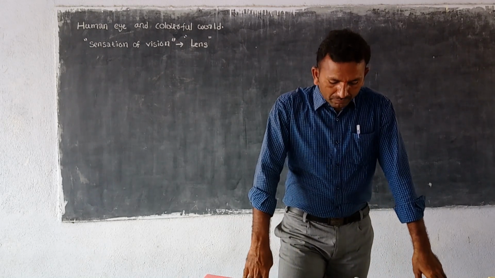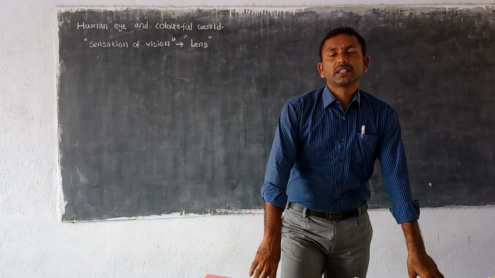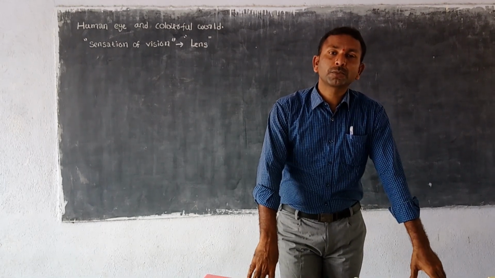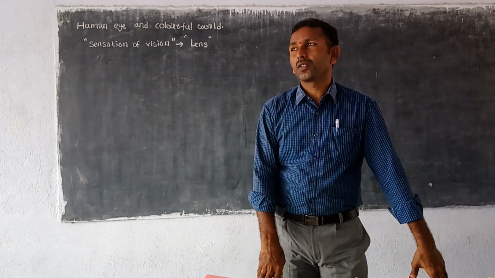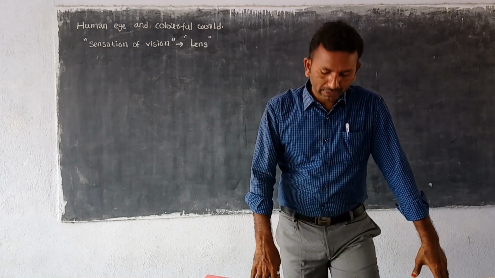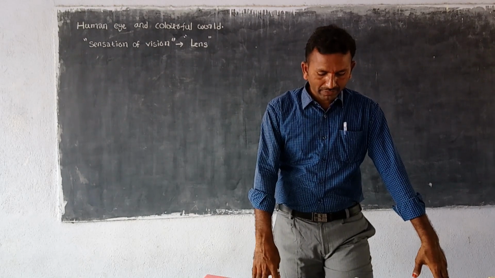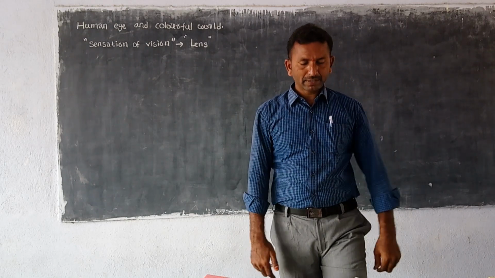What is the function of the lens in the human eye? Do you know what the functions of the human eye are? What is the main function of the human eye? To see our surroundings. How does it help to see objects at long distances and short distances?